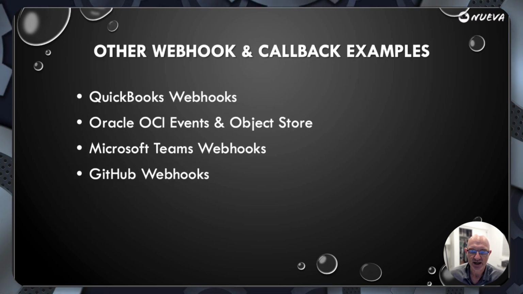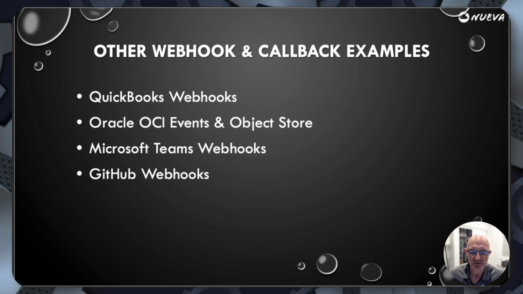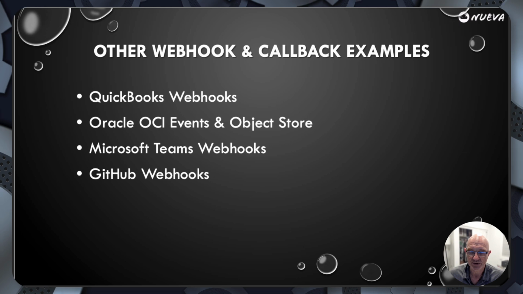Other webhook and callback examples that I've been involved with: one is QuickBooks, so we'll see a demo shortly of making updates to customers in QuickBooks and then getting a message back to our ORDS web service. Another interesting example is OCI events. If we take the case of Object Store in OCI, you can set up an event so that whenever a file is loaded to an Object Store bucket, OCI calls a REST web service.